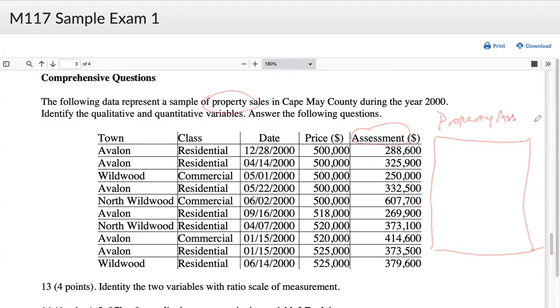Property assessment. So we need 2 columns. This would be assessment price. You could do it in thousands. You don't have to write the 3 zeros. Then this is the frequency.